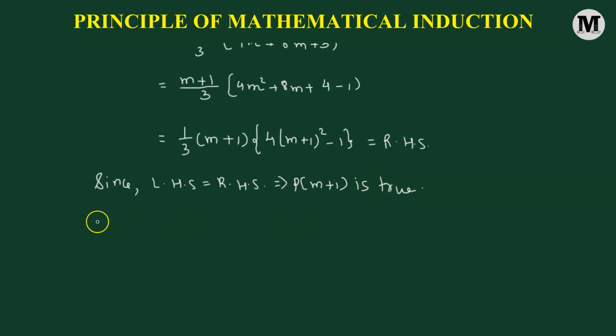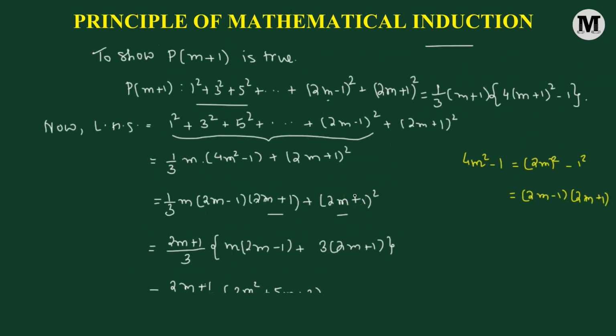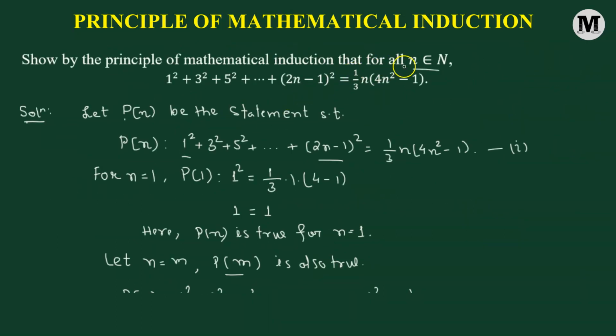And since it's a true statement, now we can generalize this and say that hence the original statement P(n) is going to be a true statement. This is true for all values of n belonging to the set of natural numbers. So we have successfully proved our problem by using the principle of mathematical induction. That means that the given statement is true for all values of n belonging to the set of natural numbers.